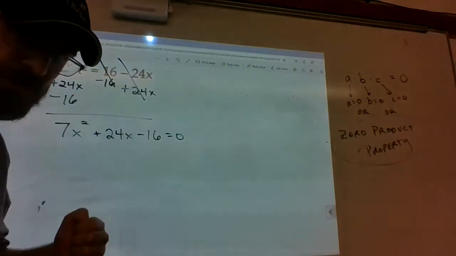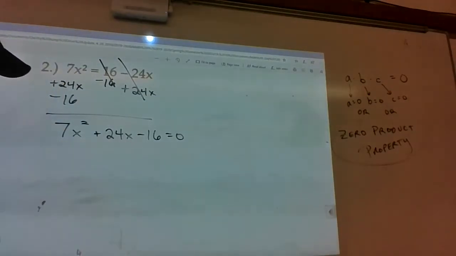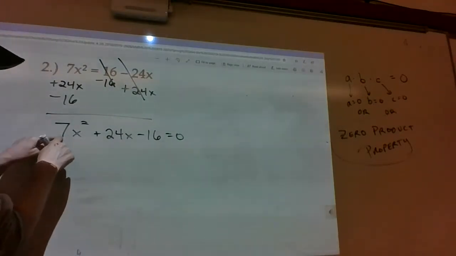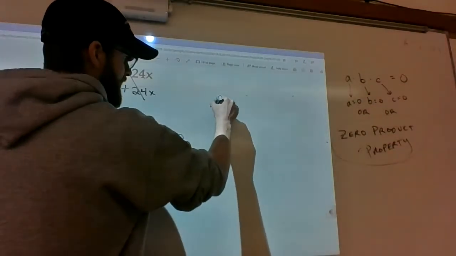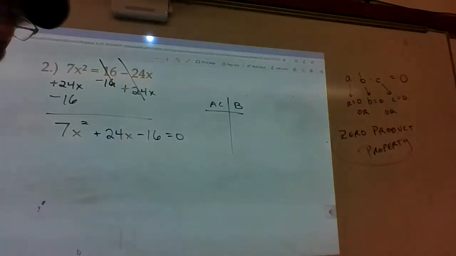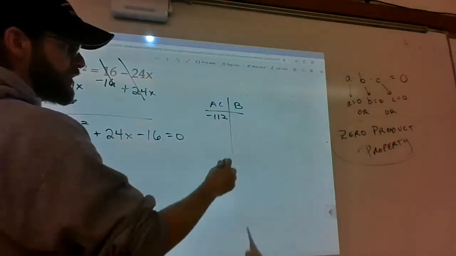All right, you've given it a try. Let's see how you did. I can't factor this directly, and I don't want to rearrange it. So it's 7 times negative 16, our AC would be negative 112. Our B value is 24.